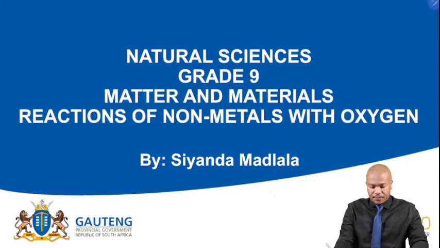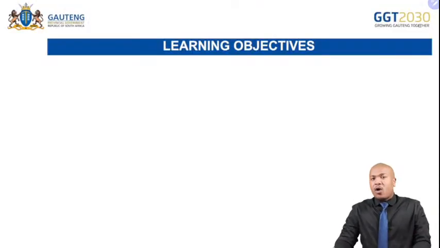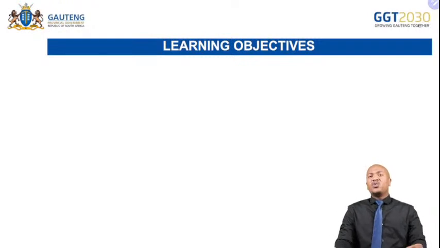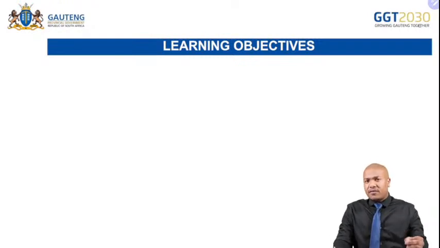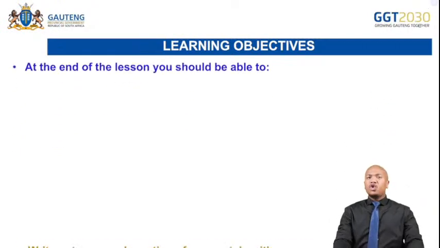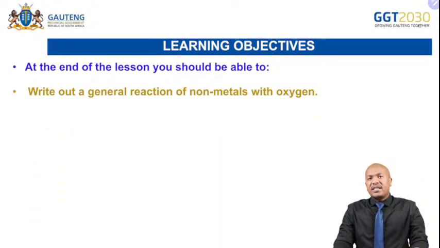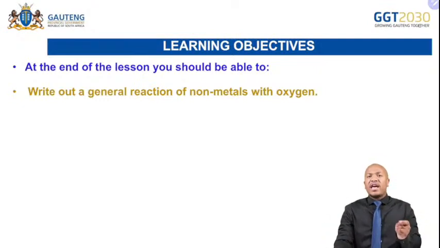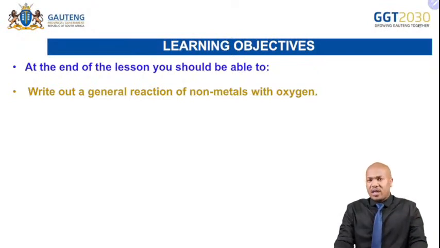Right, let's carry on. Let's look at the lesson objectives. This is what you need to achieve by the end of this lesson. You should be able to write out a general reaction of non-metals with oxygen. So you need to pay attention.